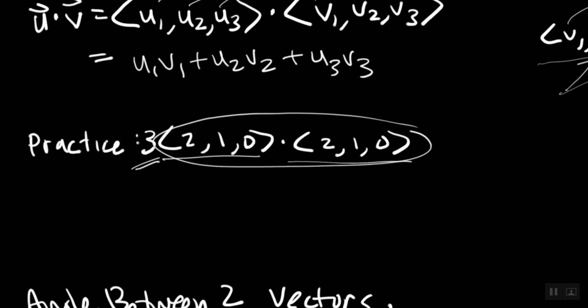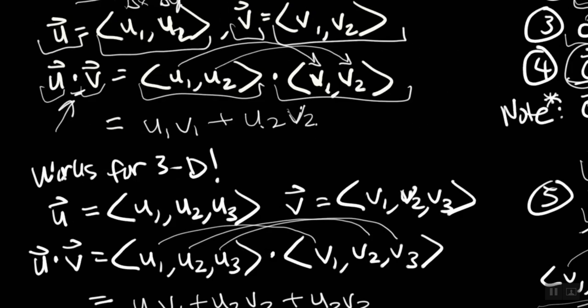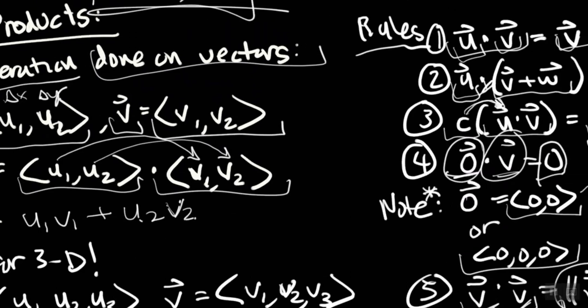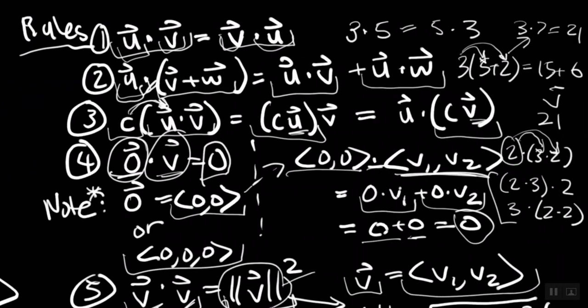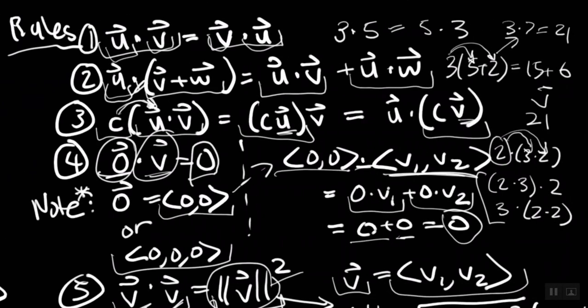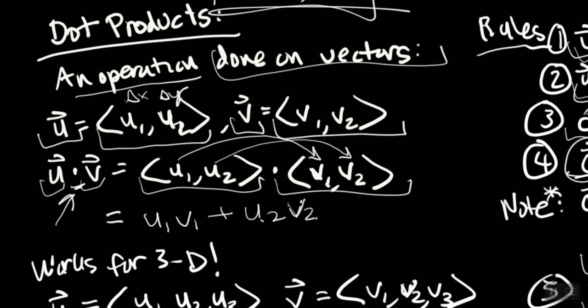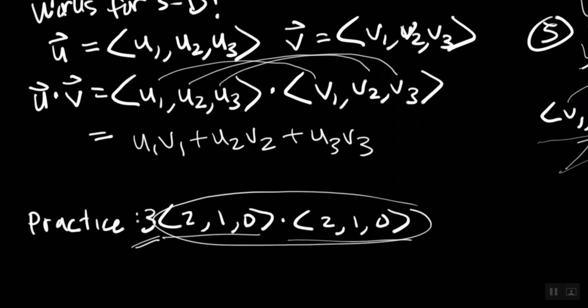So we can do this in many ways, and I would like to use one of the rules. And one of the rules stated that we could actually distribute that constant to one of the vectors. So we could cling it onto, let's just say, the first vector.